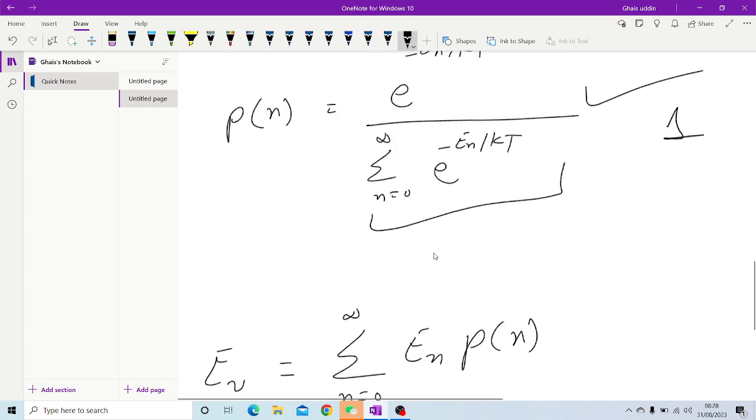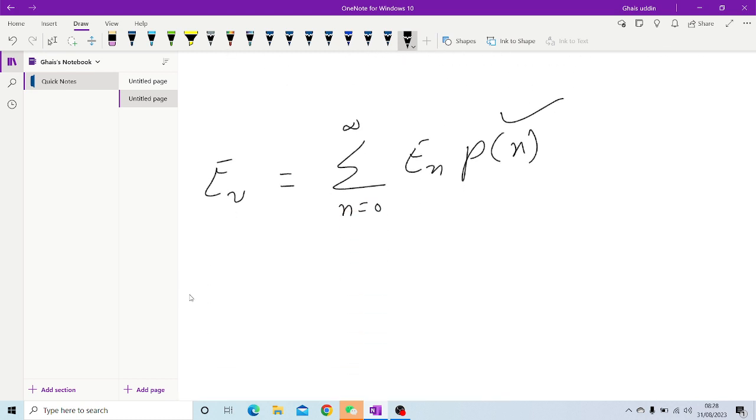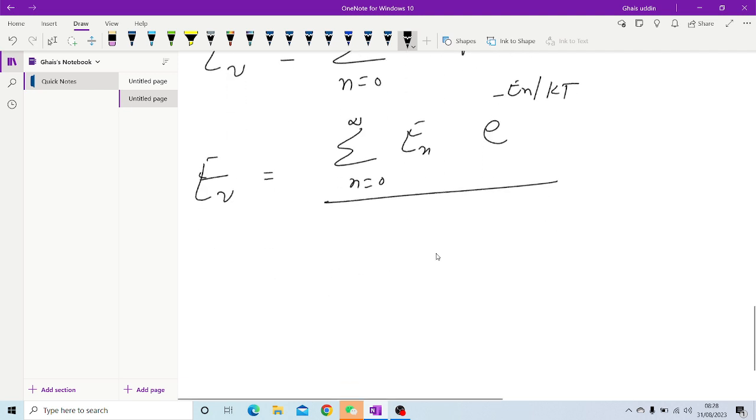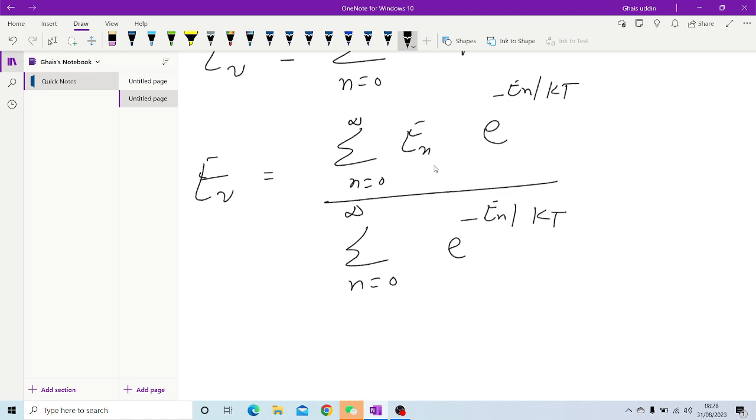We will use the probability here, so E nu becomes the summation of En e to the power minus En divided by kT, divided by the summation of e to the power minus En divided by kT.